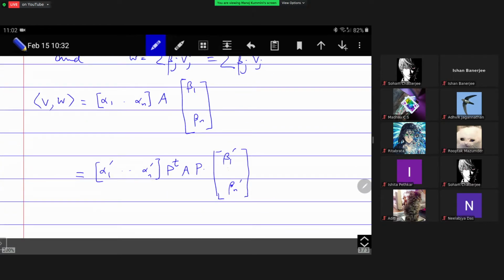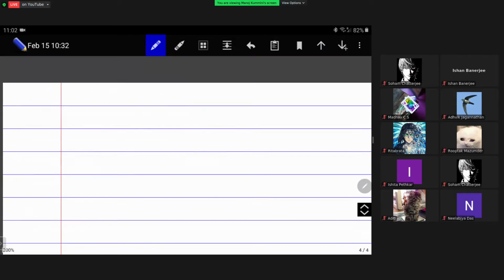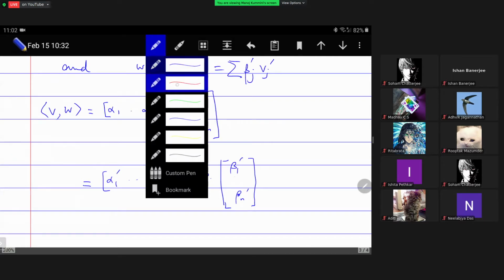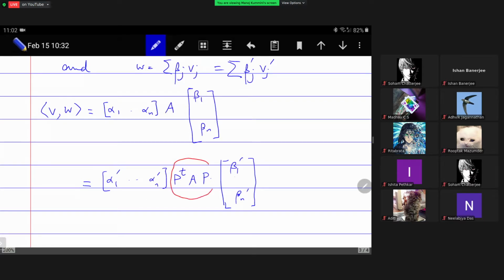Let us just stare at the second line. What we want is the square matrix here that has this property.